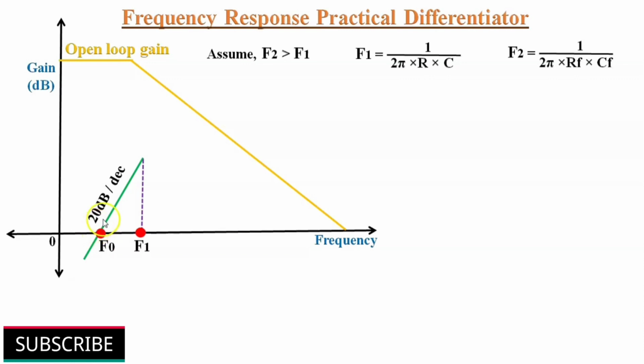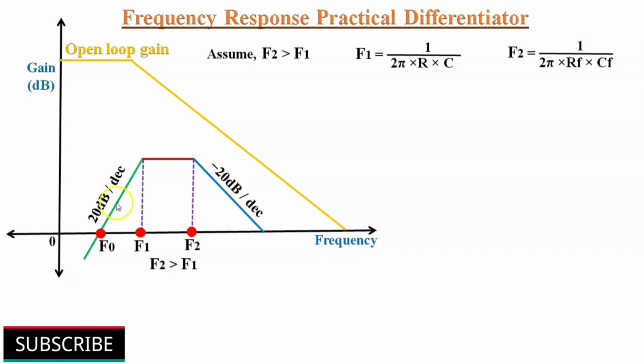So the plus 20 dB per decade and minus 20 dB per decade will cancel each other, and we will see a flat response up to the cutoff frequency F2. And if we further increase the input signal frequency, we will see the reduction of the gain at the rate of minus 20 dB per decade.